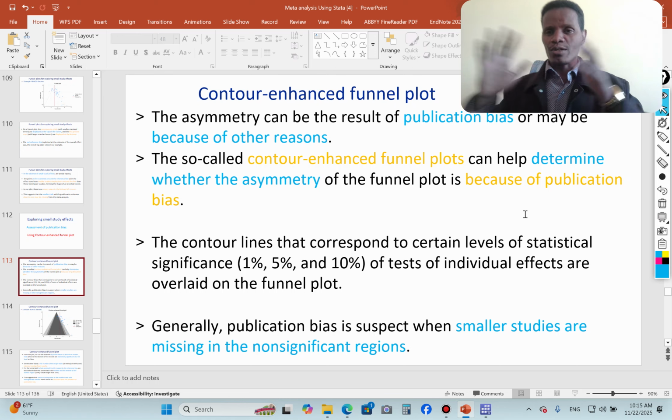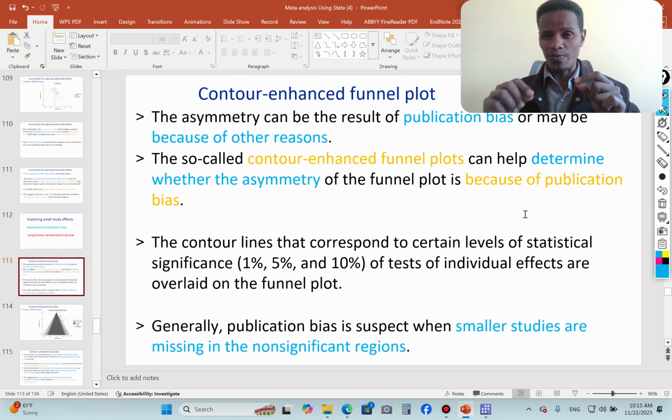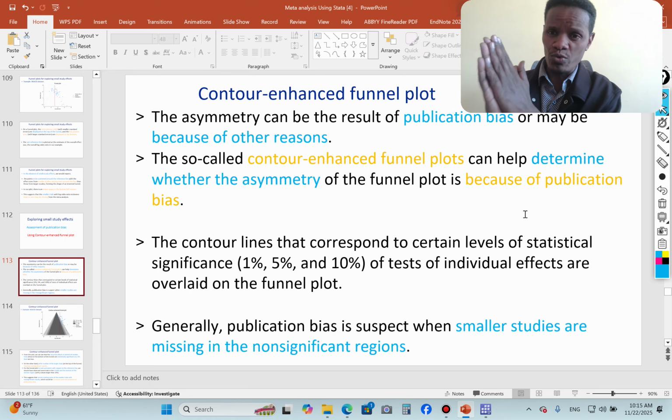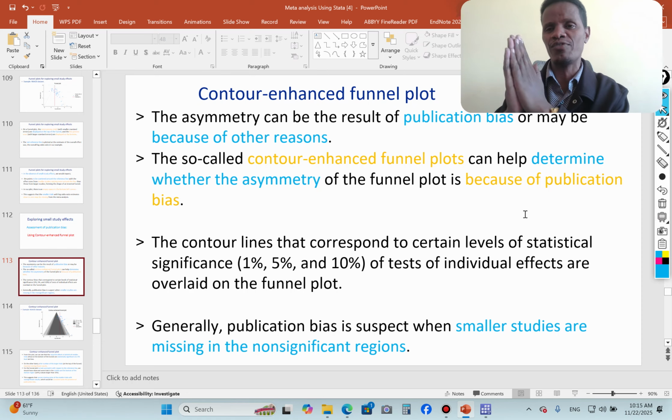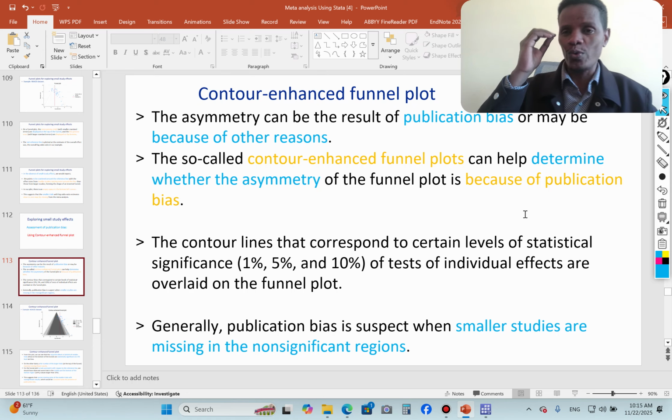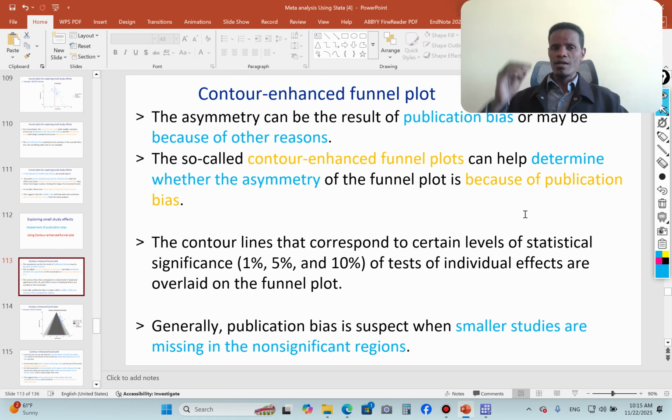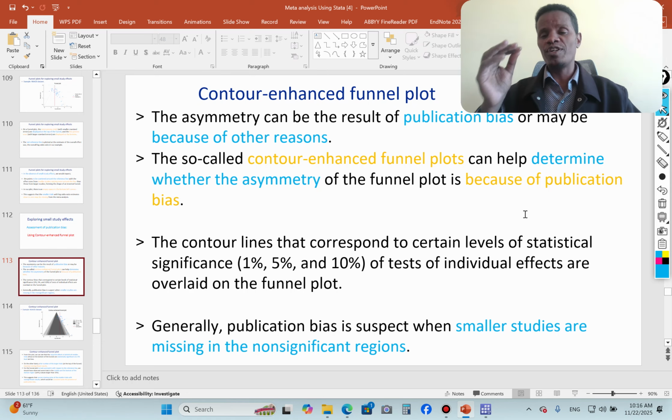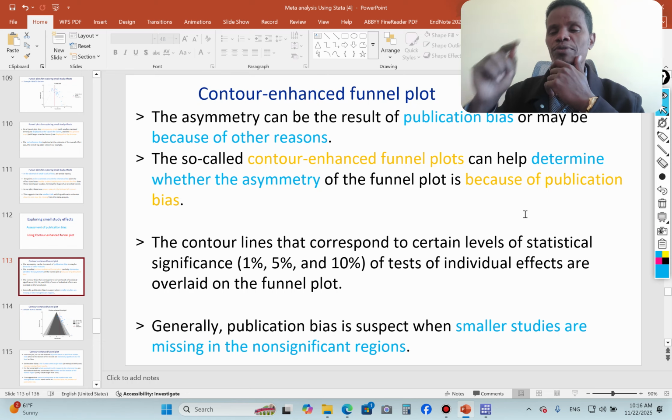But the reason could be either of the two, publication bias or heterogeneity between the studies, and which one it is could not be identified by a standard funnel plot. But by the use of a contour enhanced funnel plot, we can identify whether the asymmetry of the funnel plot is because of publication bias or because of heterogeneity between the studies.